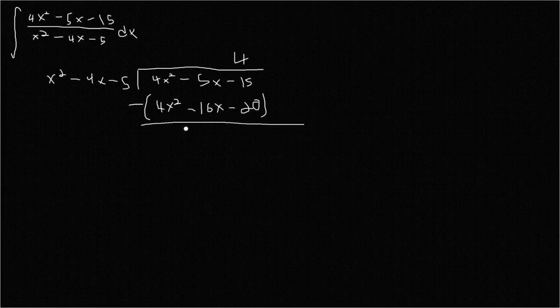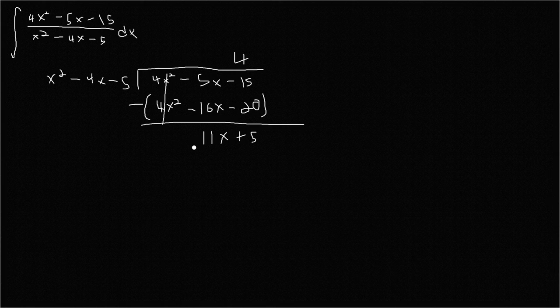And we can subtract this. And so these will cancel. Negative 5 minus 16x, that's the same as adding 16x. And so that will be 11x. And so then positive 20 minus 15 is going to be equal to 5, because we know this is positive and we're just subtracting the 15 up here.